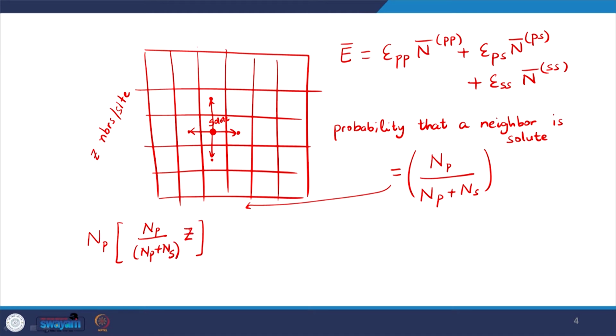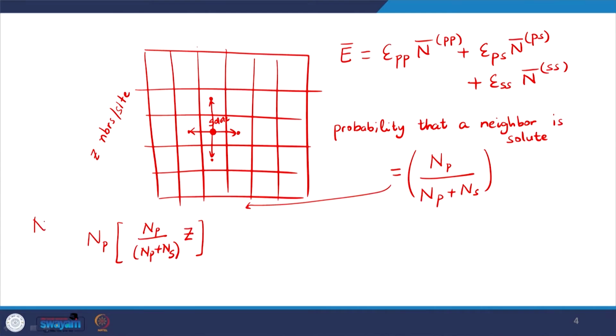Multiplied with Z. So, Z is the total number of neighbors every solute molecule has, and each of them can be a solute with a probability of NP by NP plus NS. So, the total number of solute contacts can be estimated to be this.